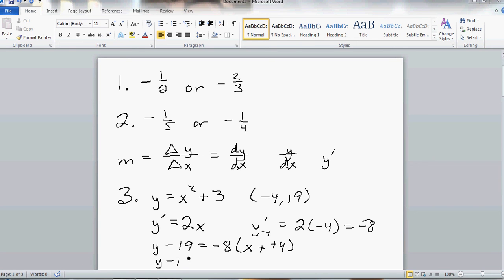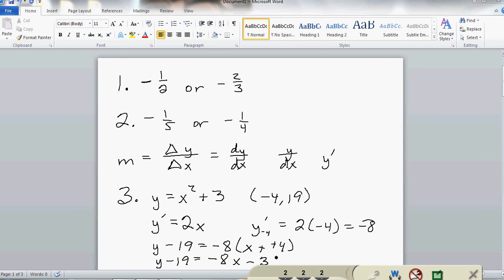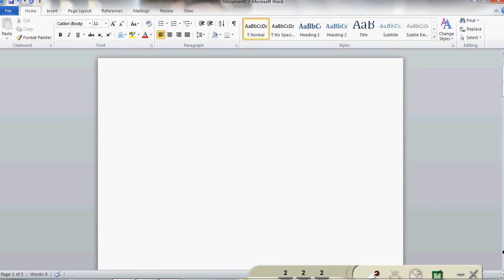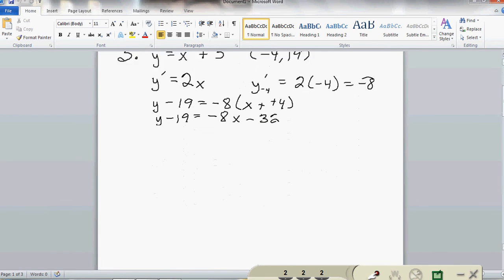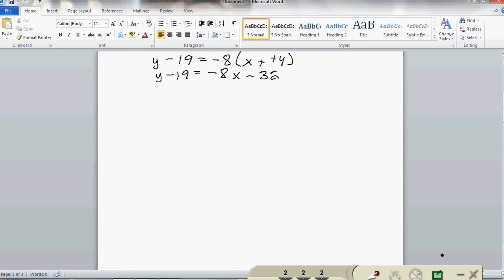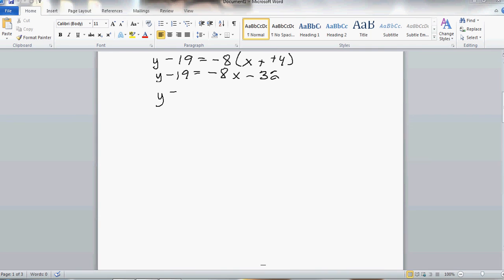Or y minus 19 equals negative 8x minus 32, and then putting it into slope intercept form, we get y equals negative 8x minus 13. And that is the equation for the tangent to that curve right at that point.